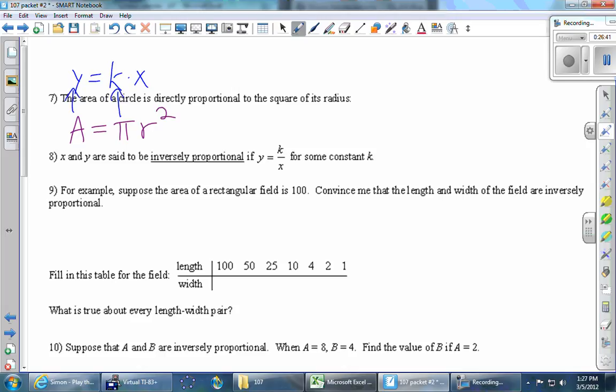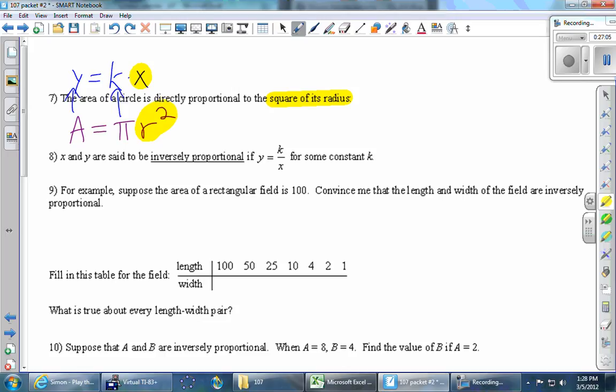K is only allowed to be a constant. What's behaving like x? It's r squared. Yeah, it's directly proportional to the square of the radius. It's okay for me to throw something complicated as long as it's a variable, even if it's the square of some variable. R squared is a perfectly legitimate thing. I can treat it like an x.